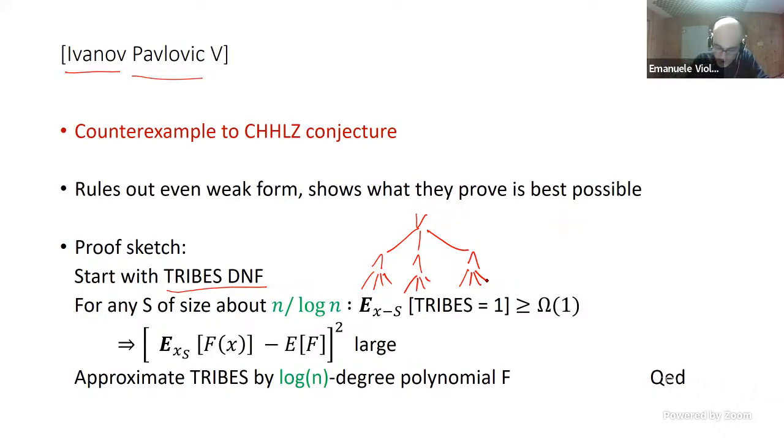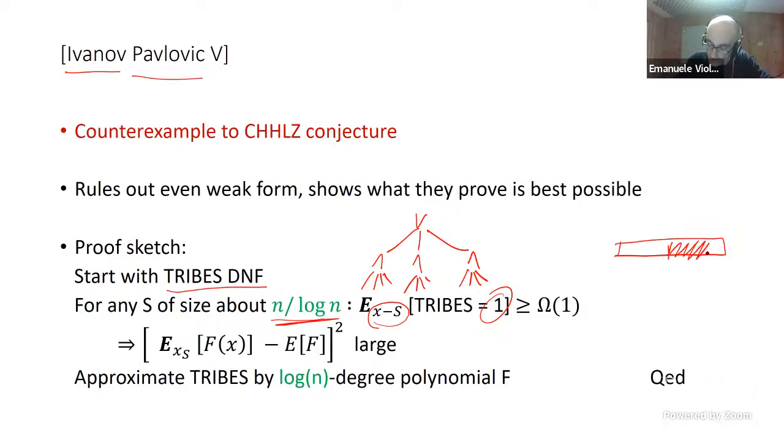In particular, if you set the variables outside of S, and S can be as large as about n over log n, then that's enough to force the function to be 1 with constant probability.